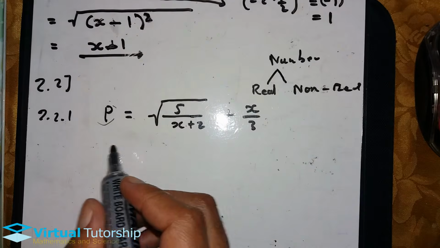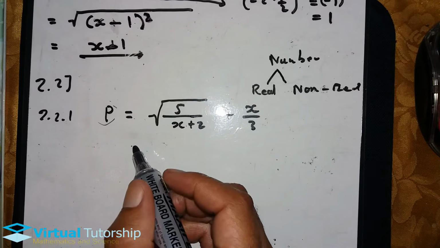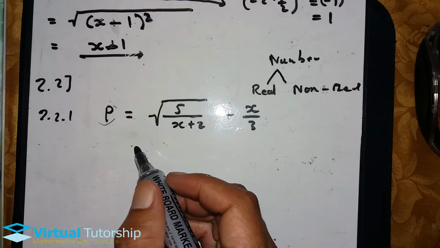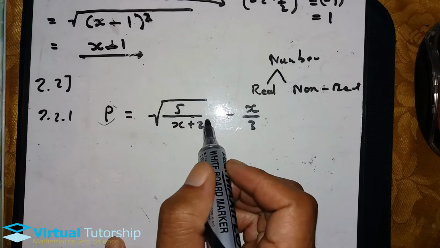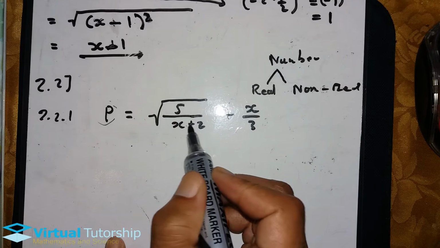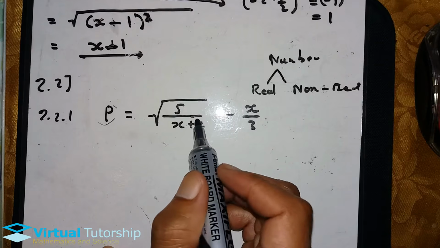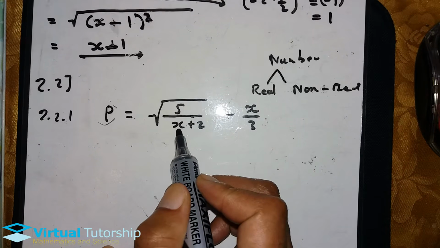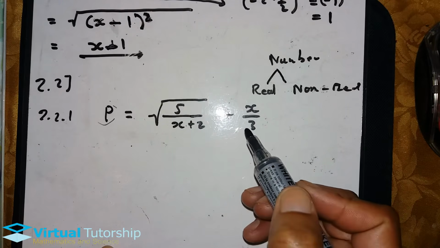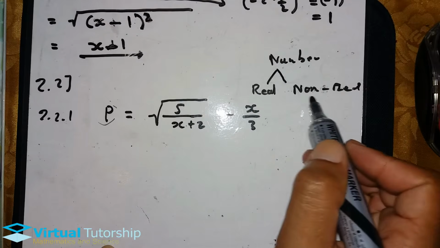So look now, to answer 2.2.1, they asked for what values of x will p be a real number? So this x plus 2 must not be equal to 0, and then also x plus 2 for whatever x value must always be positive, because if it is negative, p will be non-real.